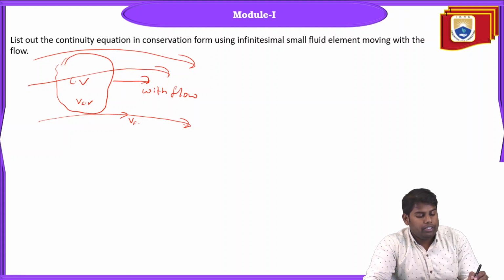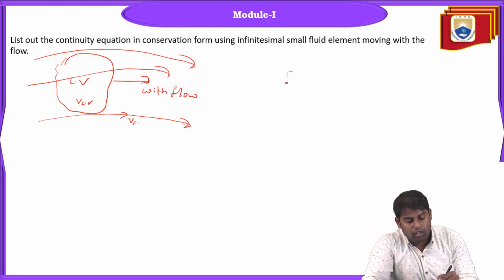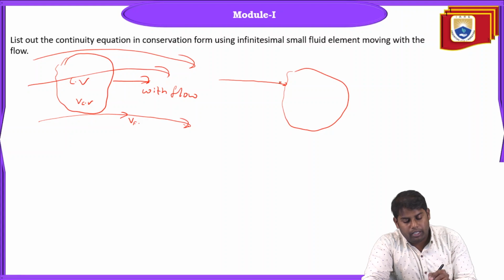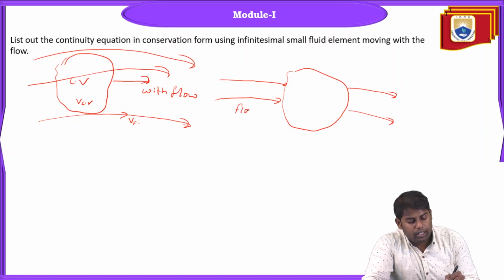The other approach is that it remains stationary, it does not move; only the flow will come in and go out. So flow in and flow out. So for the CV, V of CV is equal to 0, while the fluid velocity is non-zero.